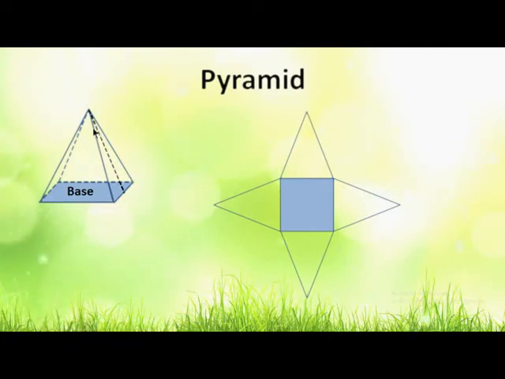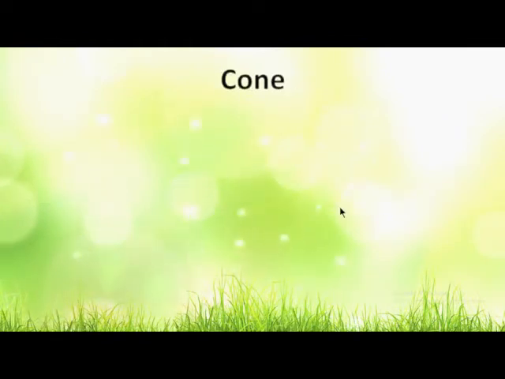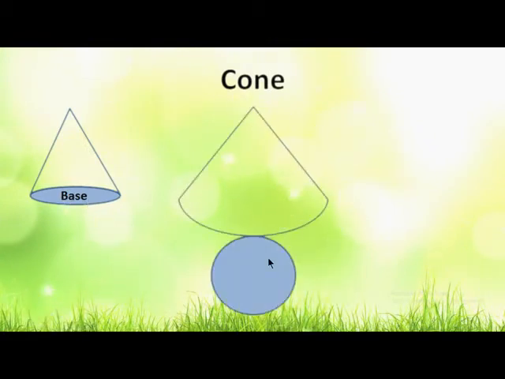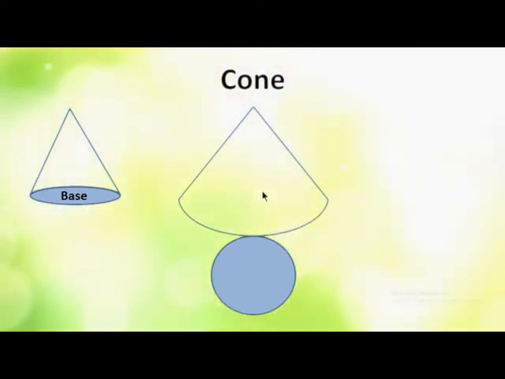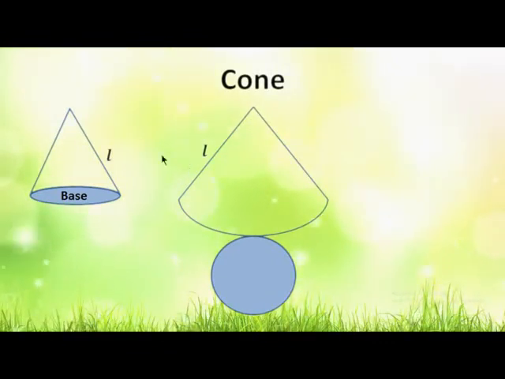Let's say this line is actually this line. How about the cone? This is the base of the cone and this is the net of the cone. It's constructed by 1 circle and 1 curvy plane. Let's say this is the l.